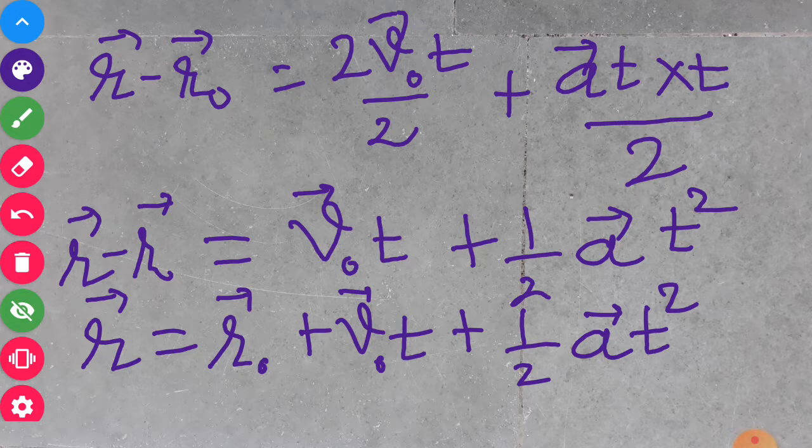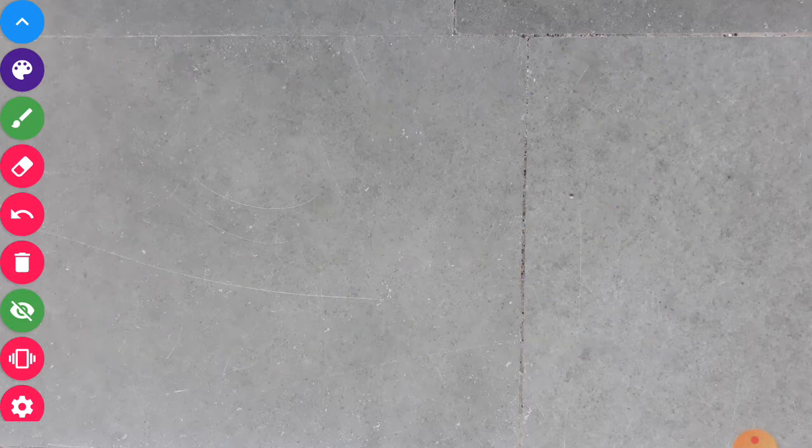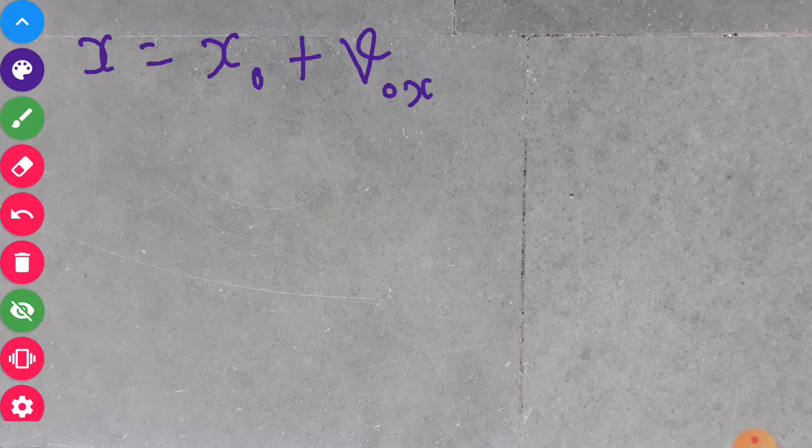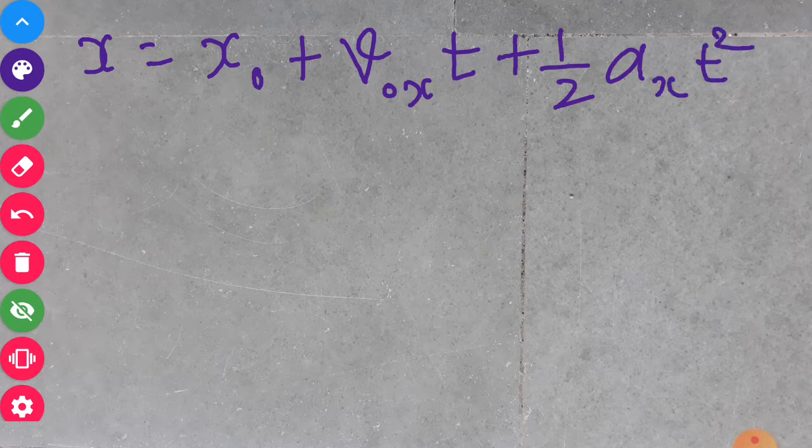This final position will also have two coordinates, that is x coordinate and y coordinate, and you can write this way: x is equal to x0, that is initial position coordinate in x direction, plus v0x into t plus half ax t square.